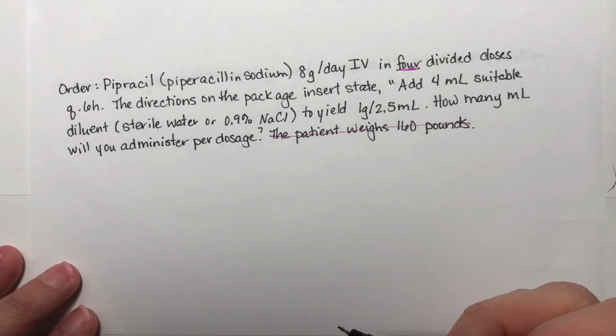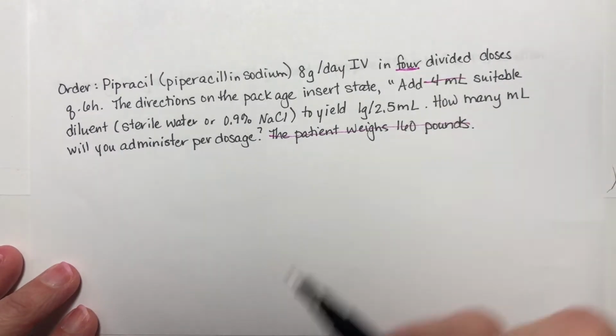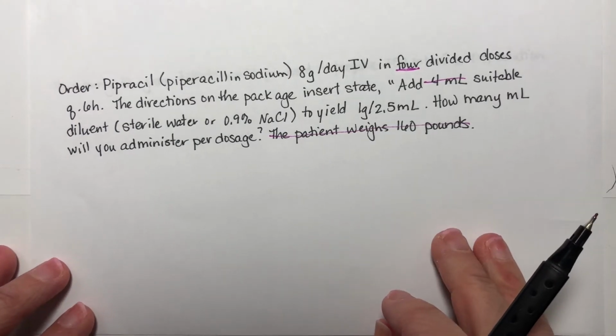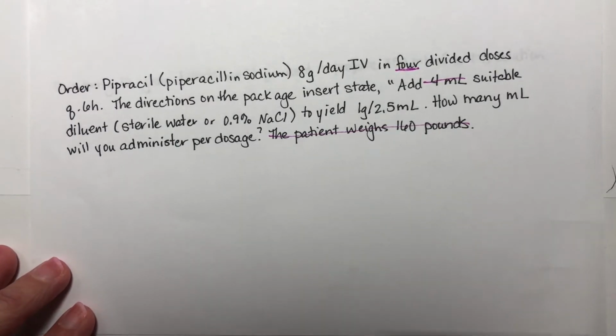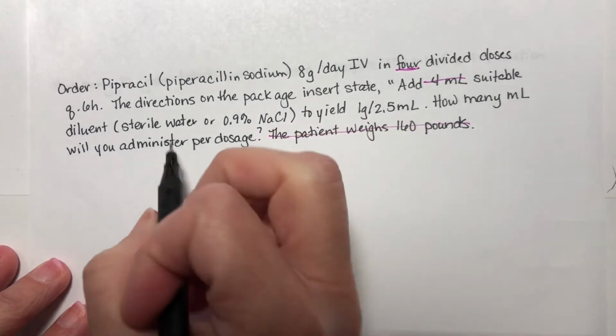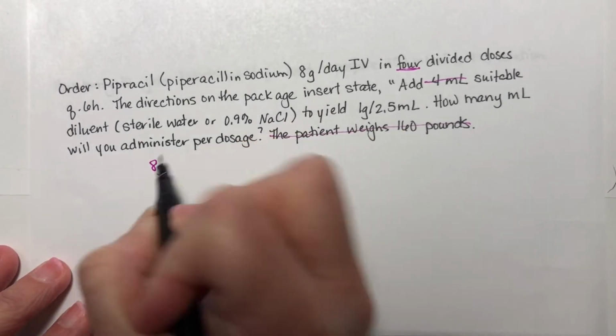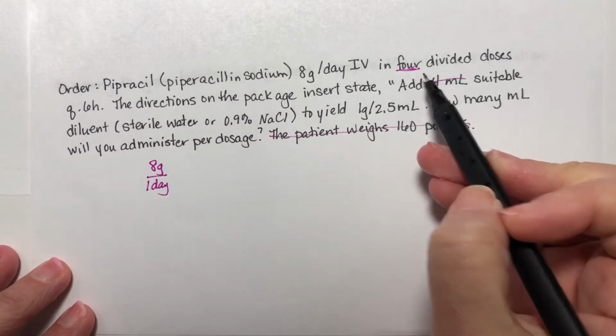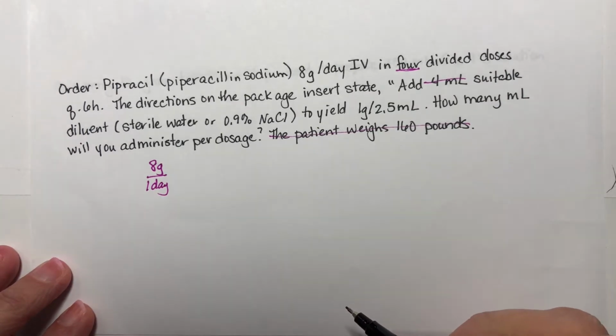It doesn't affect anything. We actually don't need this, for the same reason we didn't need it earlier. It tells us how to mix it. It doesn't actually figure into these calculations. So our order is for 8 grams per day. I'm going to come back and deal with the divided doses in a minute.